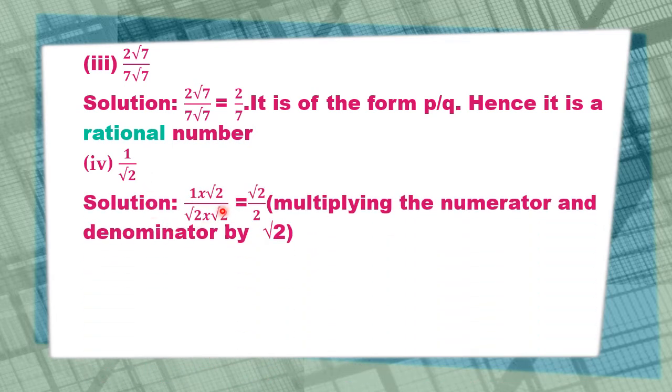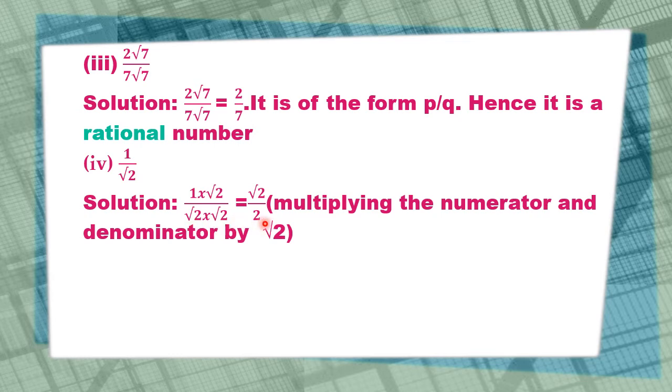Here it is. We are multiplying by root 2 both in numerator and denominator. So what is the purpose of doing it? The purpose is to rationalize the denominator. On rationalizing the denominator, we get 2, which is a rational number. Hence the name: rationalize the denominator.